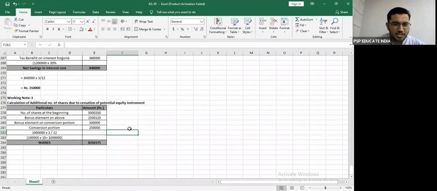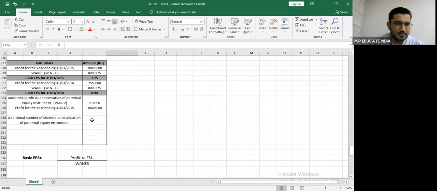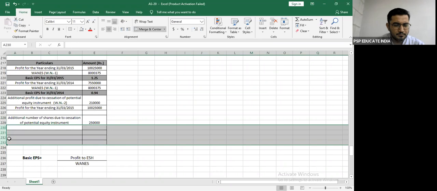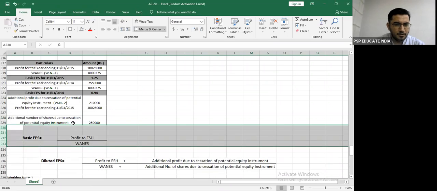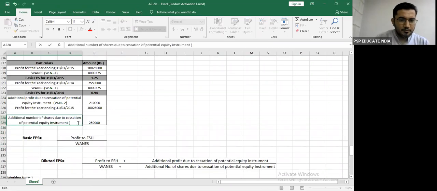However, your additional number of shares will be 2 lakh 50,000. You get that from working note 3.